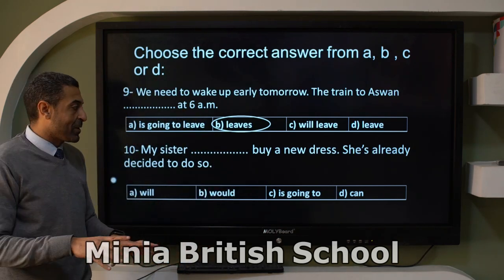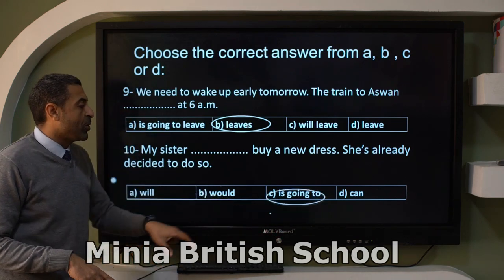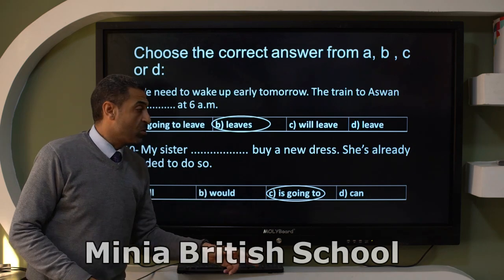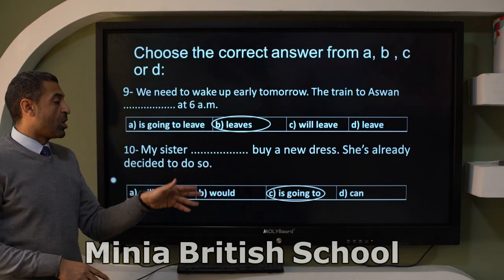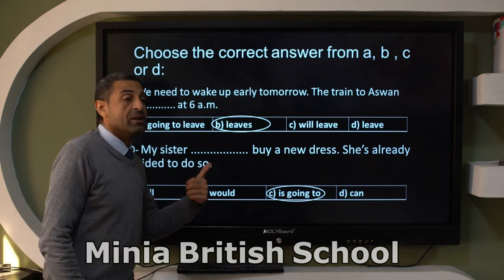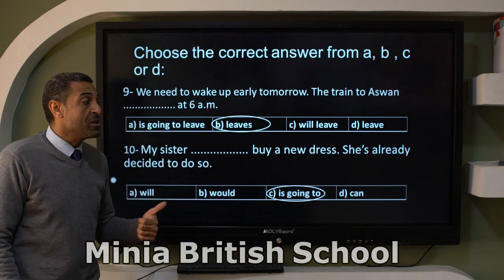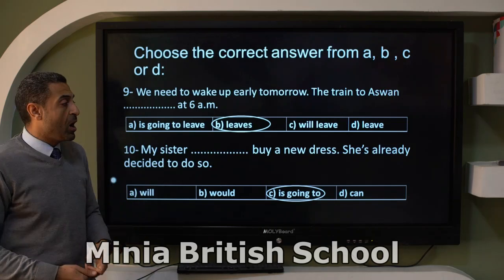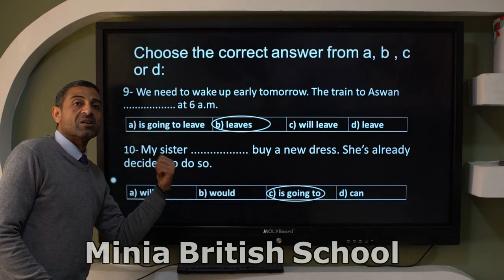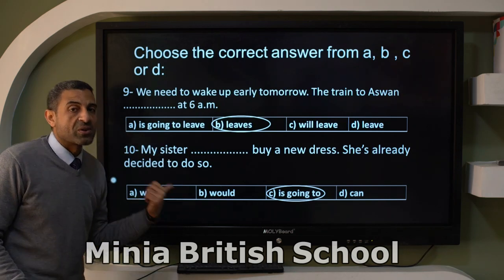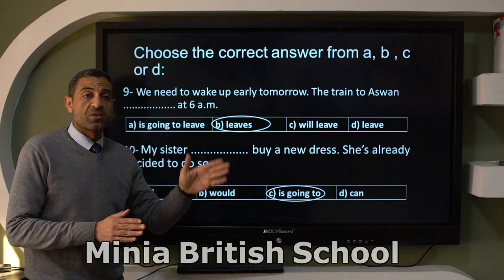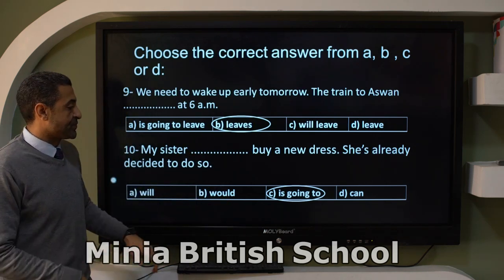So she had a plan, and if I'm talking about plans, I use verb to be together with going to and the infinitive form of the verb. So my sister is going to buy. Is going to buy. How can I know? She has already decided to do so. Read the sentence carefully till the end, and then you can find your guide to the correct answer.